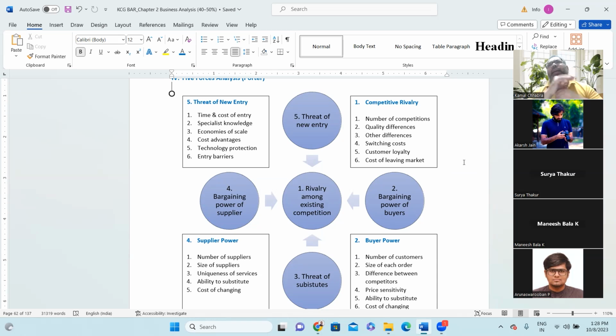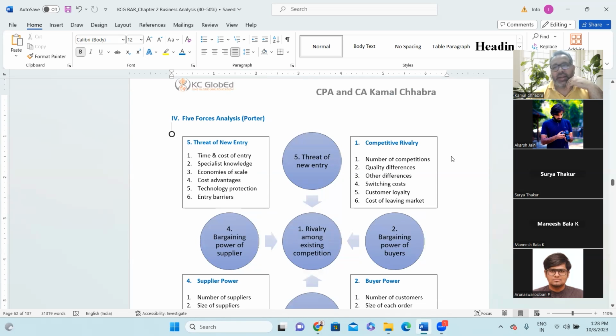How you can create entry barriers for any new people to come into the respective market. So you always need to keep in mind what entry barriers you can create to avoid the competition, right? These kinds of analysis are very much required for the business, and it's not only a one-time analysis, it has to be a recurring analysis, right?